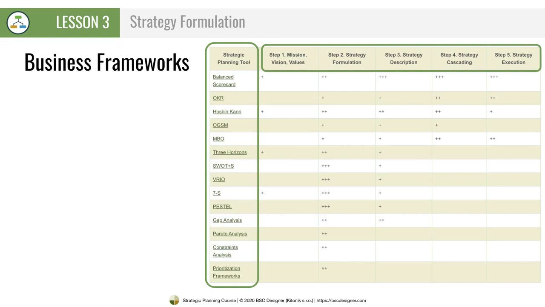As you can see, each of the frameworks has its application area in the context of strategic planning, of course. The frameworks like Balanced Scorecard, OKR or Hoshin Kanri have something to suggest for all steps of strategic planning, while other frameworks like SWOT, VRIO or PESTEL mostly focus on the strategy formulation and partially on the strategy description steps.